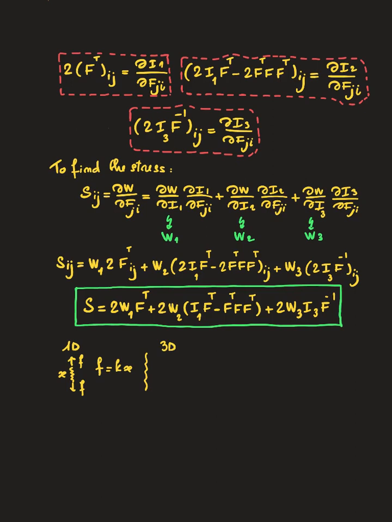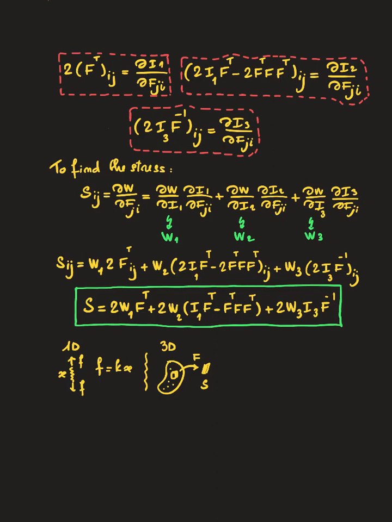So in 3 dimensions, when you have a body, you take a little cube inside the body, you deform this cube in a certain way, and you have your cube deformed, and the stress. This holds at a single point, because the gradient of deformation will change from point to point.